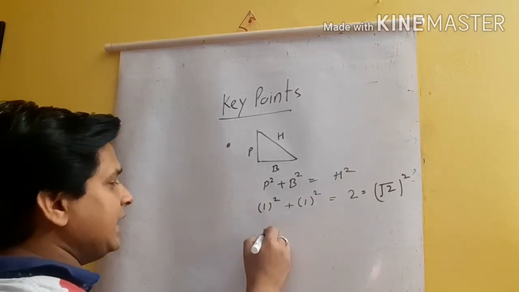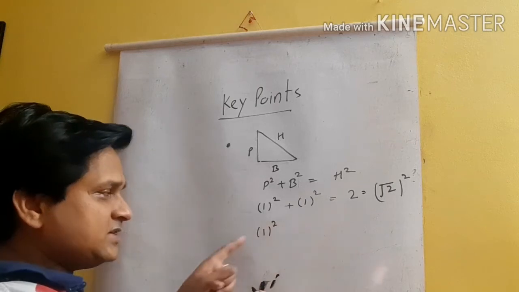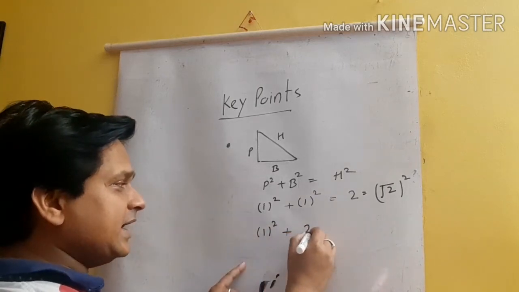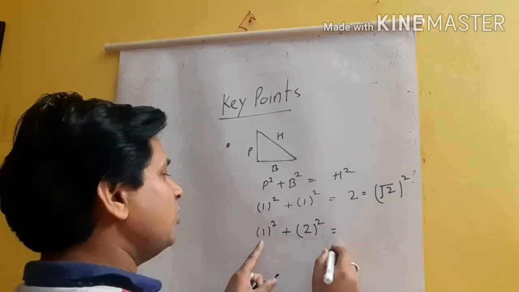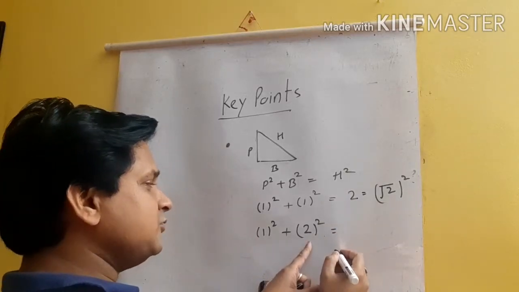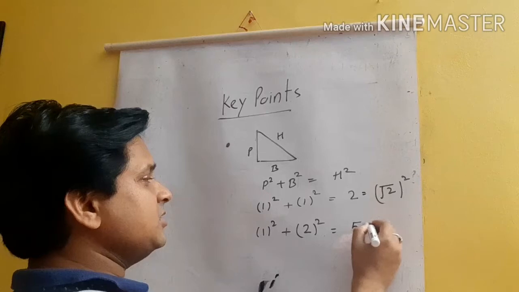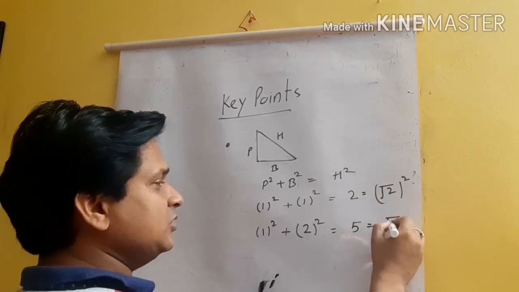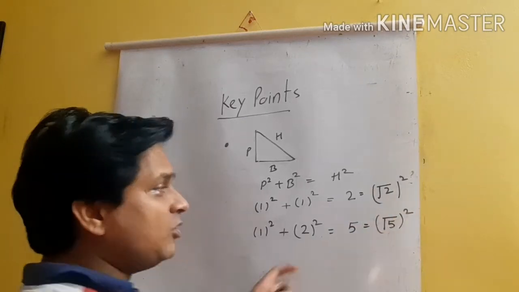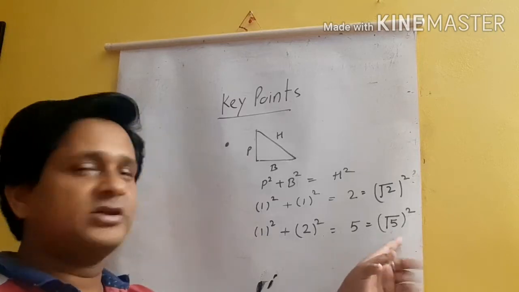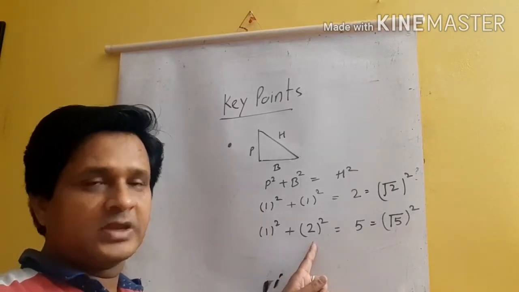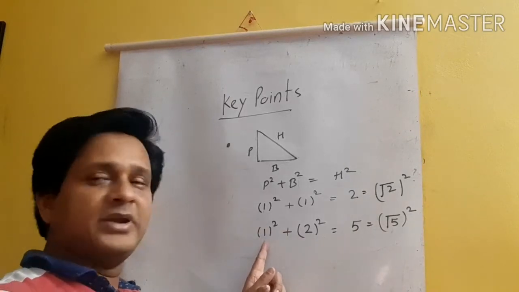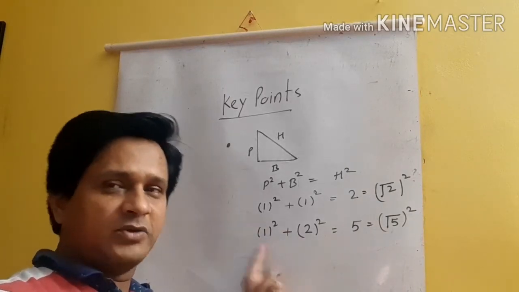Now again I take the perpendicular as 1 unit, but the base as 2 units. So what will I have? 1 square means 1, plus 2 square means 4, 4 plus 1 is 5. So can I write this as root 5 whole square? When we represent root 5 on the number line, we will take the base as 2 and the perpendicular as 1 unit.